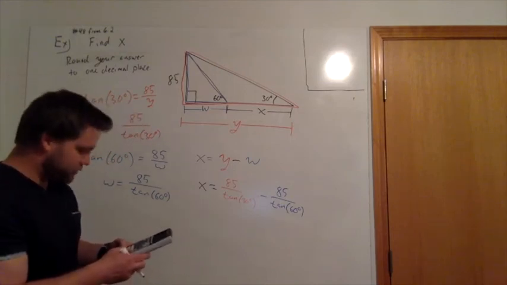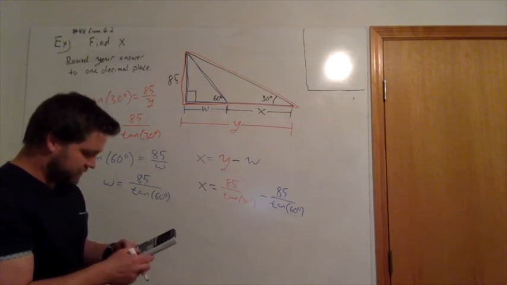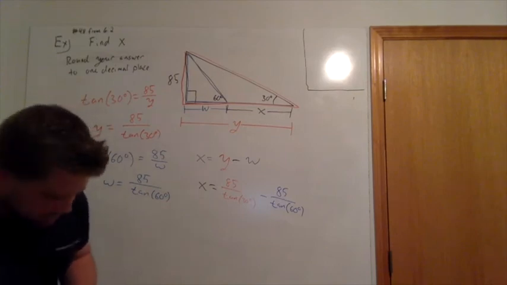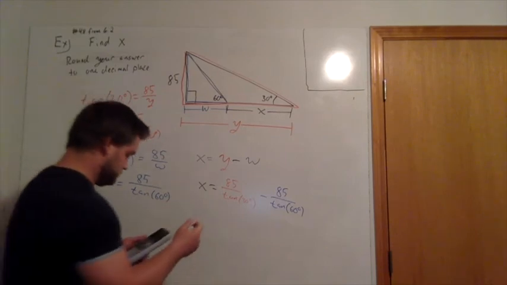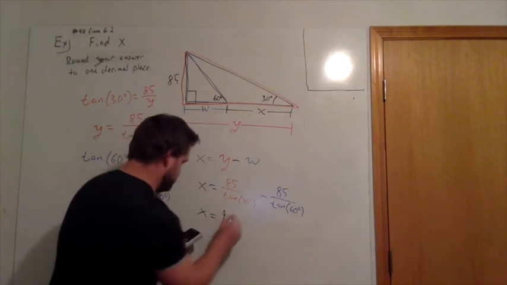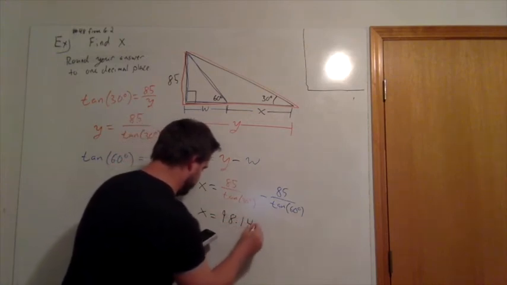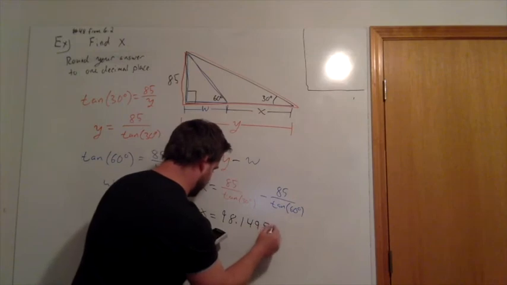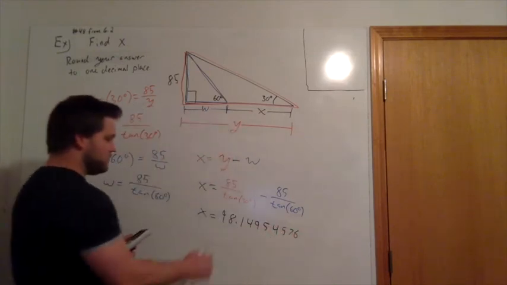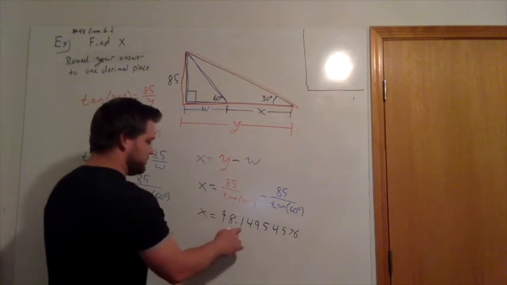Just made a typo in my calculator. 85 divided by the tangent of 60. We're getting 98.14954576.